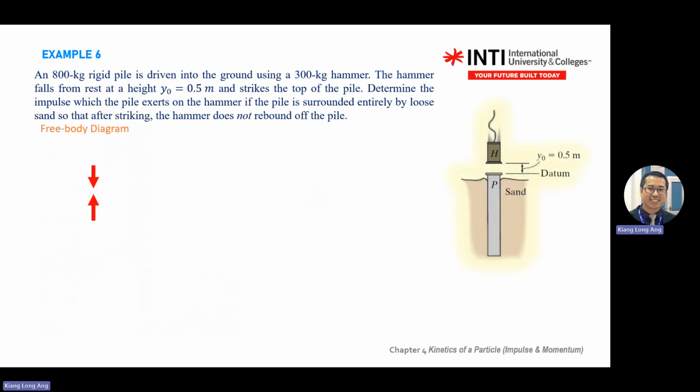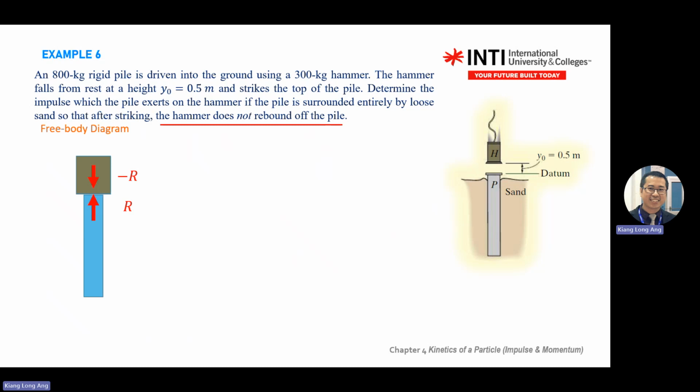All right. Now first we draw the free body diagram as usual. So when it doesn't bounce off, we find the two bodies. The chocolate color is the hammer. The blue color is the pile. So when two things join together, there are two forces there. In this case, I use R as a resultant force. So again, you should be able to identify which one is which by imagining you are those bodies. If you are the chocolate color body, what do you feel?